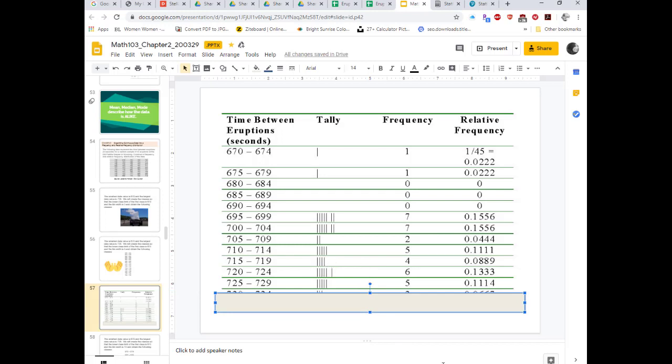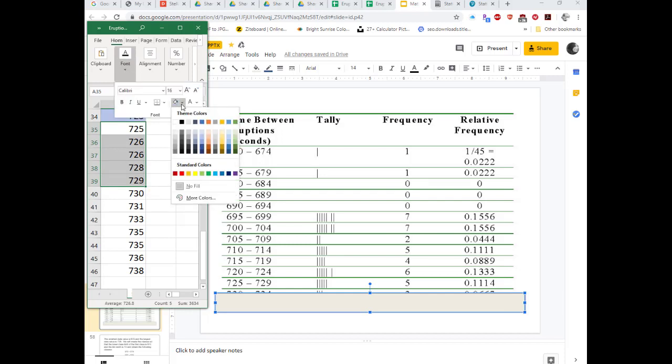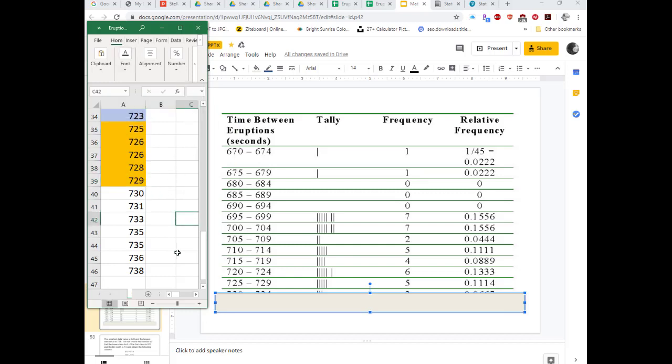725 to 729, and I've got my number right here, 725 to 729. We'll take up these numbers. So now I have, let's do, I don't even know. Let's do this weird goldenrod yellow. I don't even know if I've used these colors already, but it's okay.